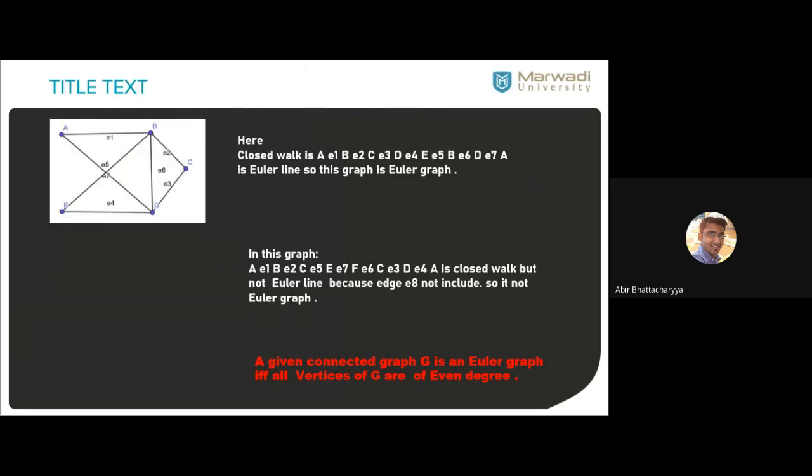Similarly, if I give you some other example here, the closed walk in this graph.